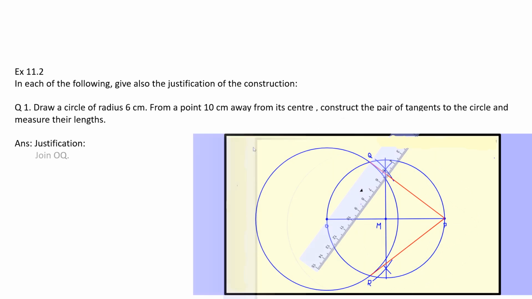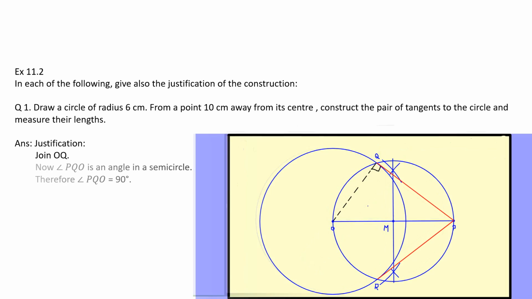First, we'll join OQ. So you can see that angle PQO is an angle inscribed in a semicircle.